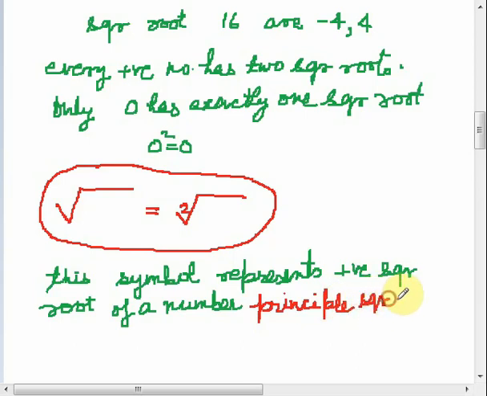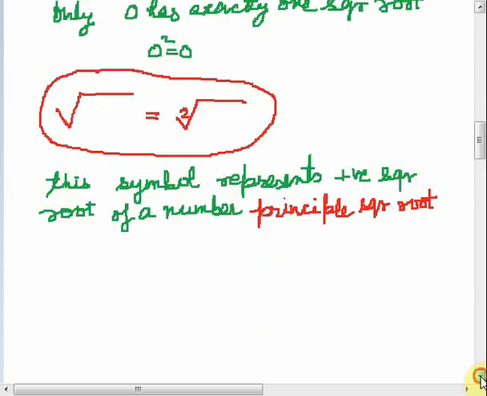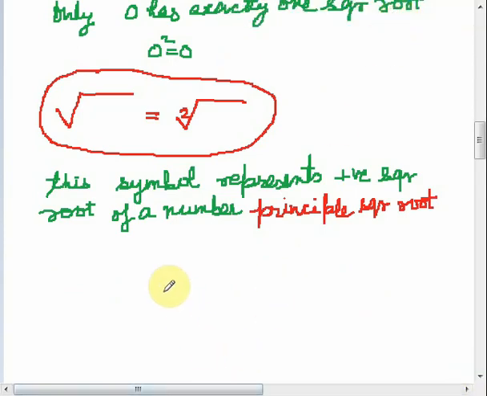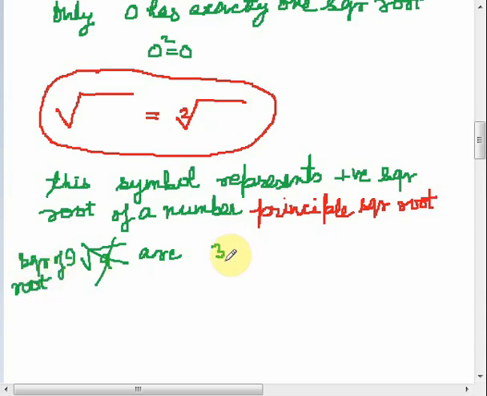As we have seen, the square roots of 9 are 3 comma minus 3.